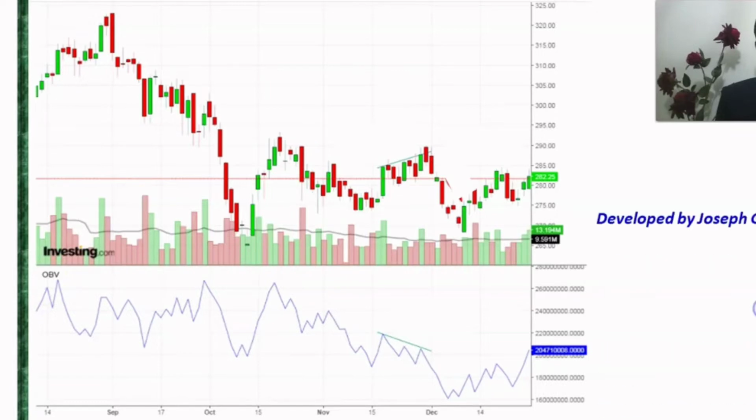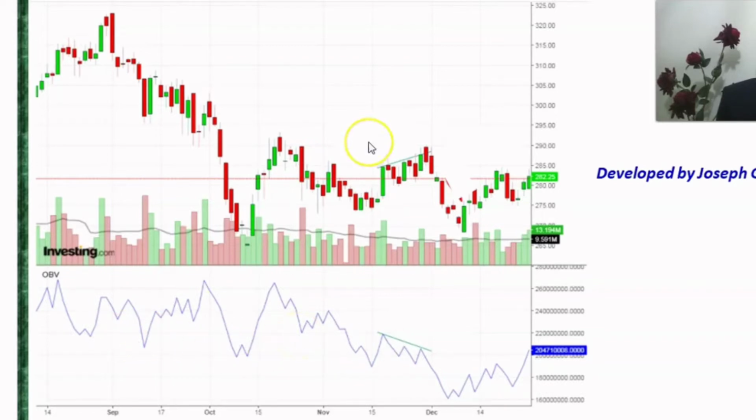Now this was developed by a gentleman called Joseph Granville sometime in 1963. When he developed this, they may have had to calculate things and plot the graph. It must have been a complicated process. But nowadays you don't have to do that.